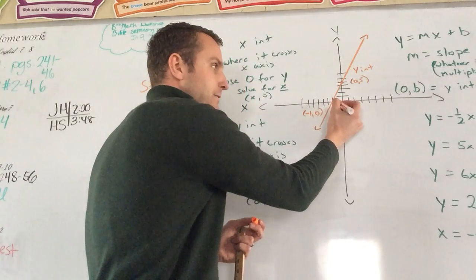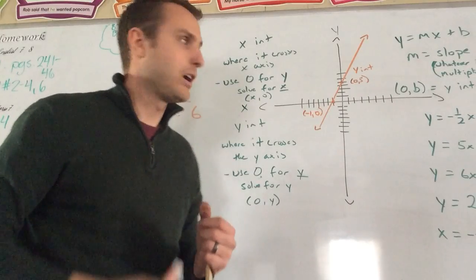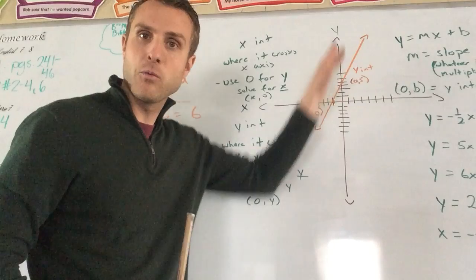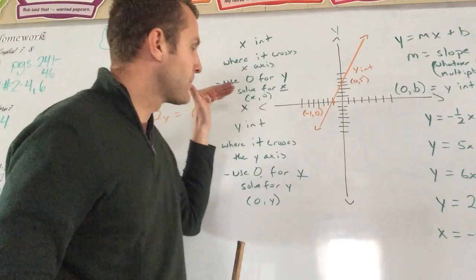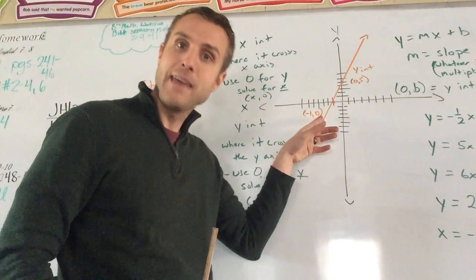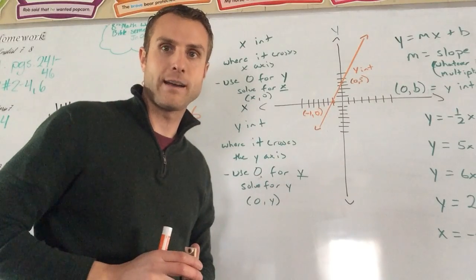So I went to the left, -1, but I didn't go up or down. So y-intercept, 0 and then a number. It's going to be on the up and down y-axis where my line crosses. My x-intercept is going to be a number and then 0, because I don't go up or down, I just go left or right.